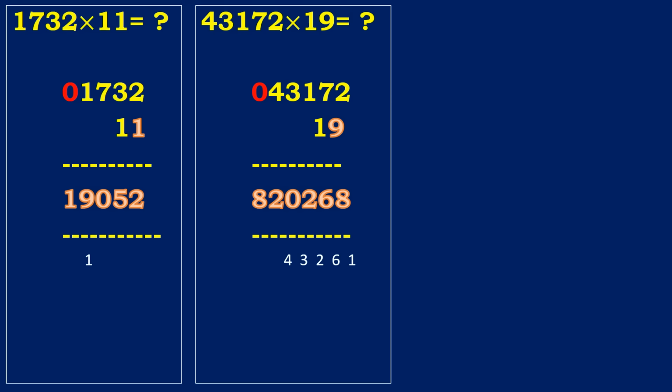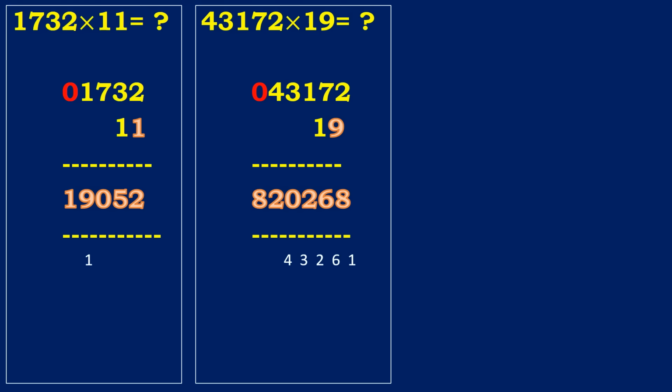43,172 into 19. The first step here is the number 9 in the units place into 2, which is equal to 18, and as we have nothing before 2, simply we can take 8 in the answer directly and 1 in carry. The second step here is this 9 has to be multiplied with 7. 9 into 7 is equal to 63 plus the previous digit 2, and carry 1 will give us 66.